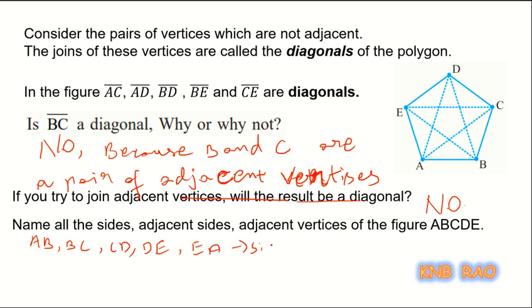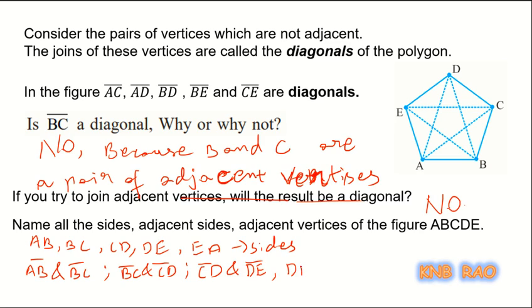These are sides, and adjacent sides are AB and BC, BC and CD, CD and DE, DE and EA, EA and AB. So total 5 pairs of adjacent sides.